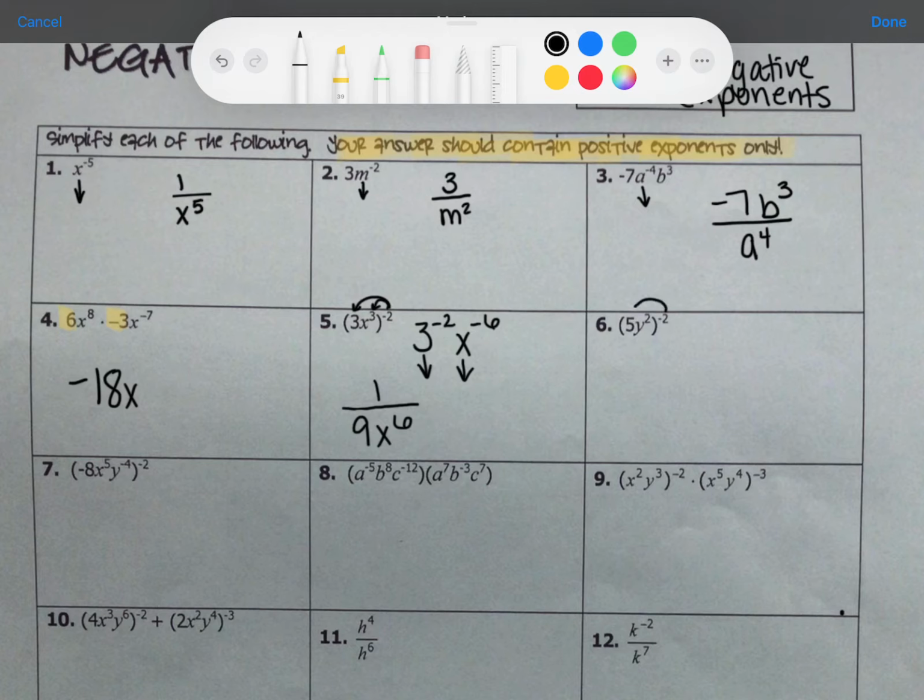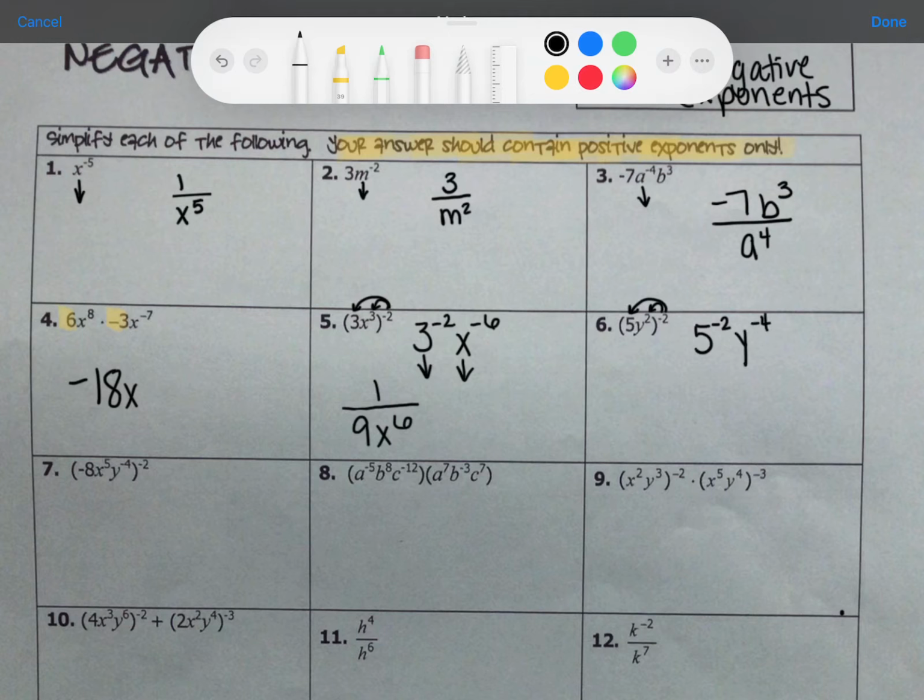You're going to distribute. So this is 5 with a -2. No, that does not equal -10. That says 5 to the -2nd power. If you put that in your calculator, like I just showed you on Desmos, it'll tell you what it is. But I'm not even going to use a calculator. I'll do just like I did on number 5. Multiply your exponents on the y's. 2 times -2 is -4.